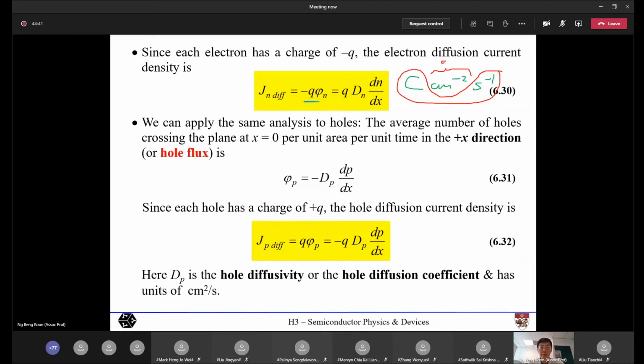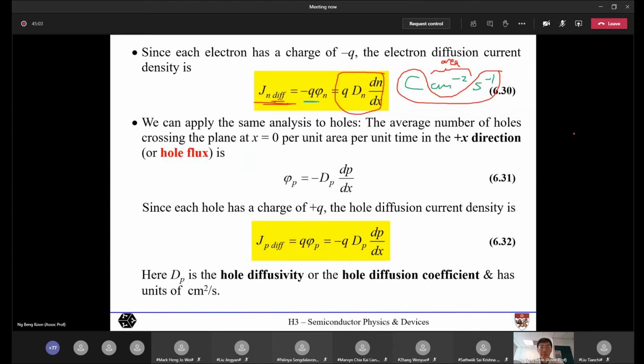That means we're getting the current per unit area, which is your current density. So this term here gives us the current density. That's why we write it as J_n,diff. So this is a current density quantity.